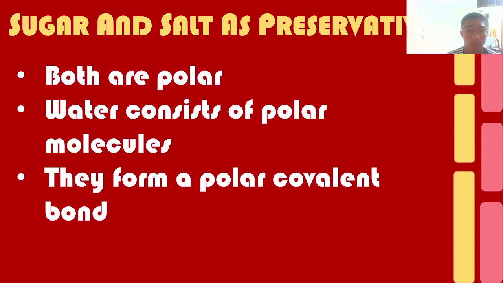Water also consists of polar molecules, which happen to be hydrogen and oxygen. Again, the way they work is exactly like a magnet, where opposites attract and the same repel.